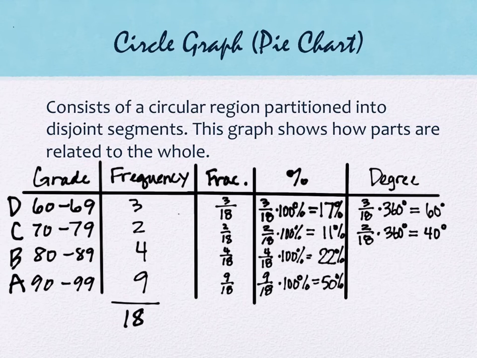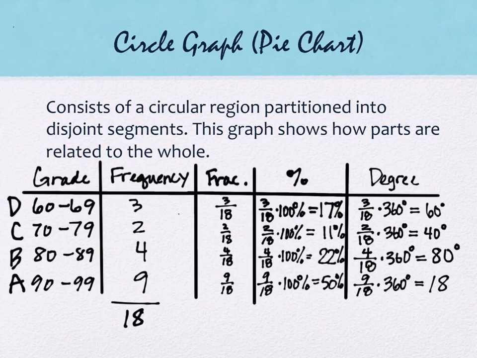We're going to have, let's see what we had, 4 over 18 times 360. Hoping it's 80. Is it? 80, yeah. It's okay, good. And then we have 9 over 18 times 360, which should be half the circle, or 180.